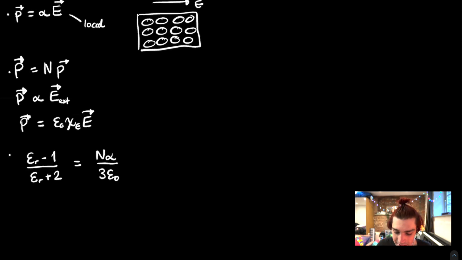So this relates the relative permittivity, or the susceptibility, because of course the susceptibility is simply the relative permittivity minus 1, to the polarizability right here.